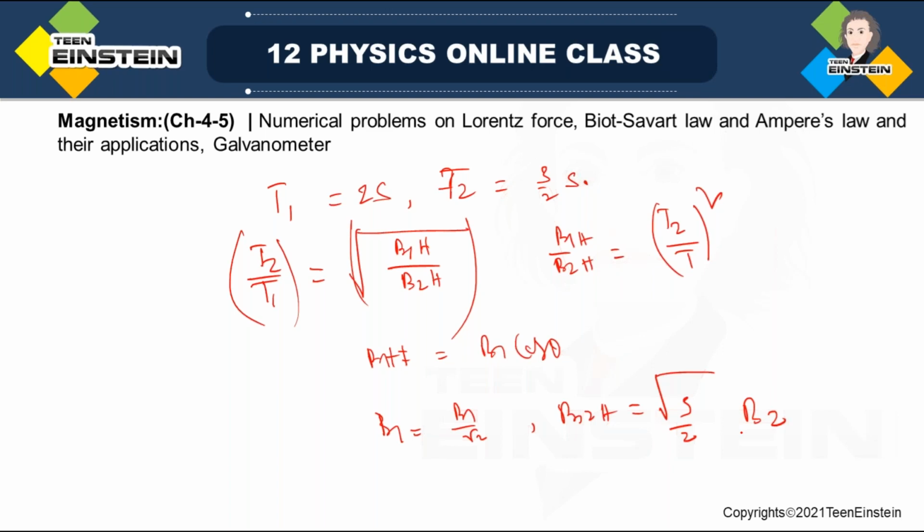Okay, so if we put this here in the square part, we'll arrive at B1 by B2.